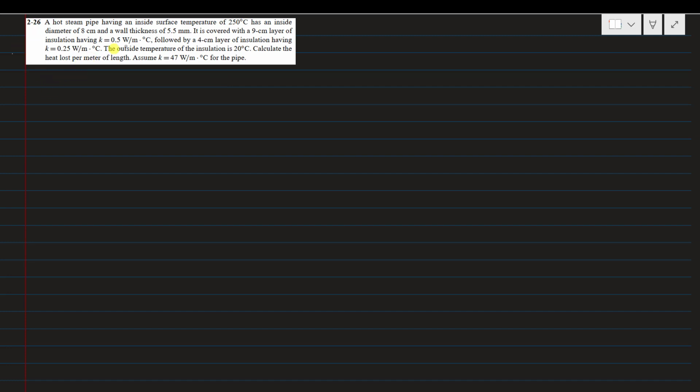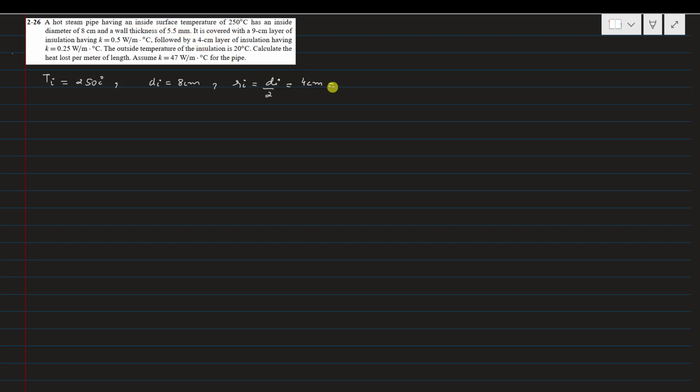Okay, so the inside surface temperature of the pipe, that is Ti, is 250 °C, and the inside diameter is 8 centimeters. So the inside radius will be di divided by 2, that is 4 centimeters.